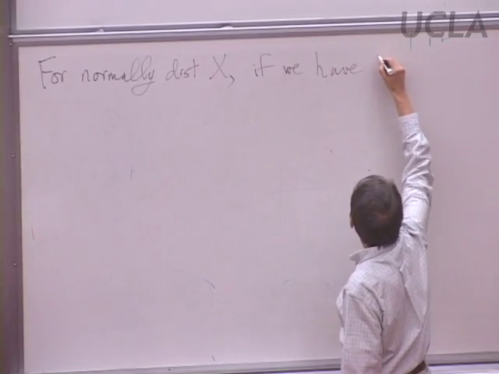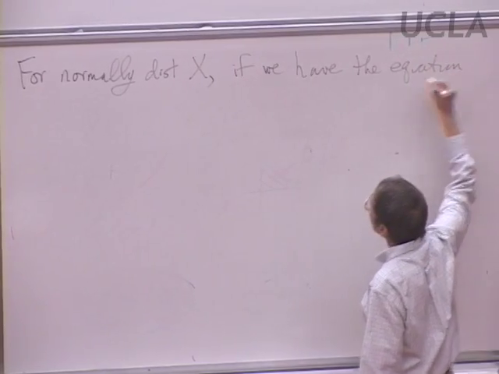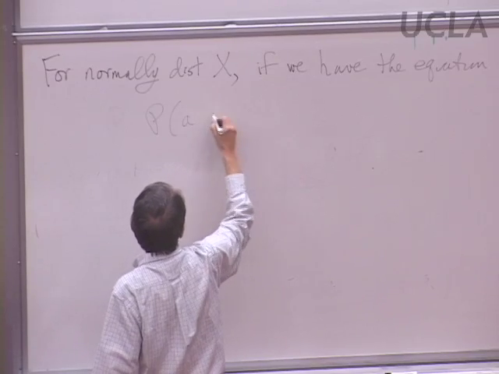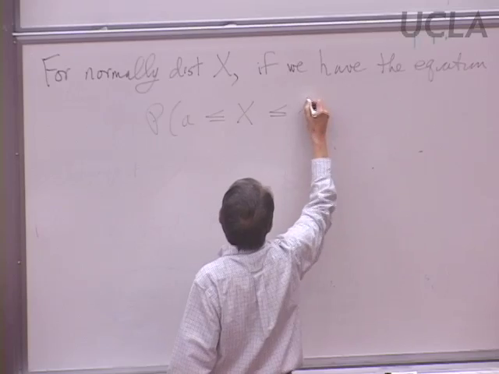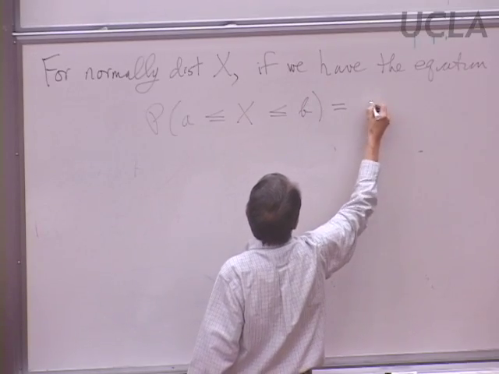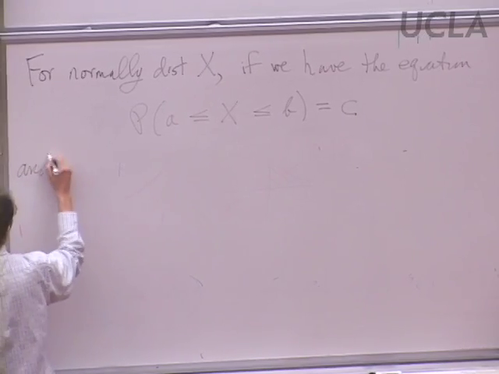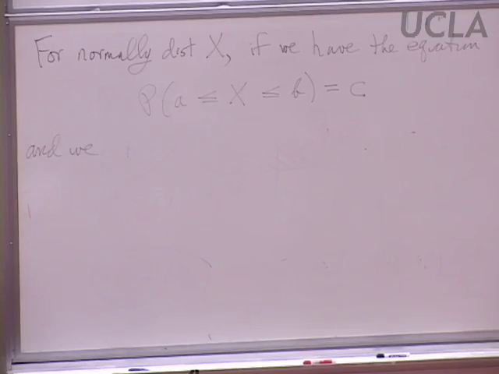And we're interested in the equation, the probability that x is between a and b equals c. That's what comes up here.